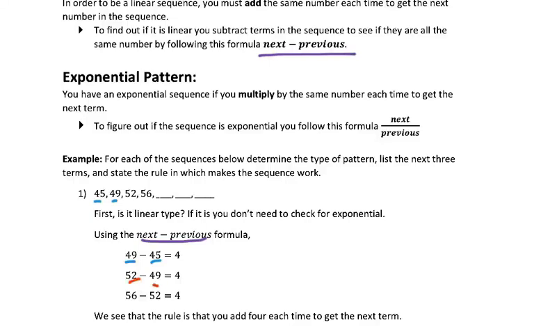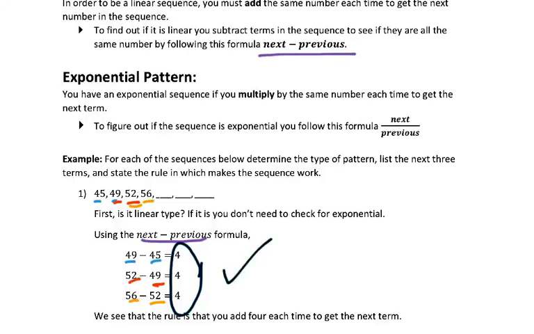We did 52 minus 49, so next minus previous, and we got 4. And then we did 56 minus 52, so next minus previous, and we got 4. Since each next minus previous gives us the same number, which is 4, we know it's linear.